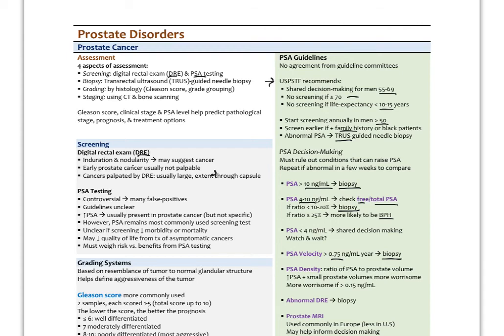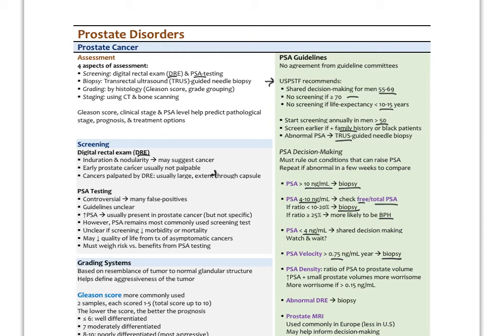So get a baseline PSA, recheck it if it's elevated, if it's above 4, within 4 to 6 weeks. Also get the free total PSA. If the ratio is 25% or more, then I'm going to follow the PSA velocity. If I see that going up, then I'm going to refer for the biopsy. So that's the typical decision making we use for prostate cancer assessment.